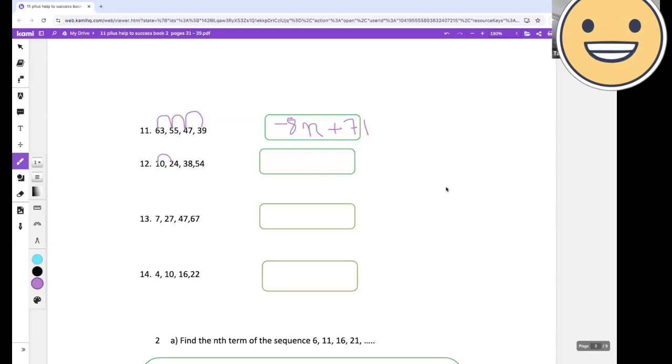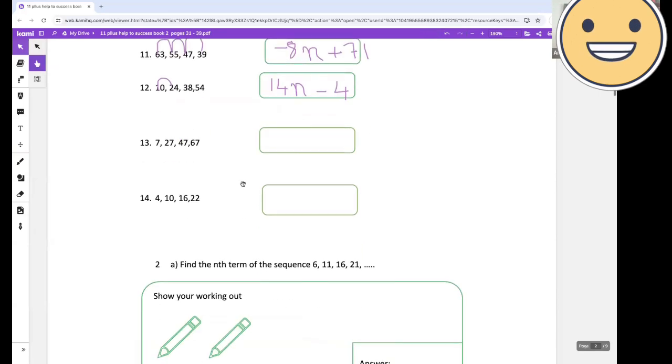Oh, wait, is it 14 plus 14 and minus 24? One thing is right, what you have given. Okay, let's do it with you. Is it 14n plus 4? Plus 4 or something else? Minus 4? Yeah, minus 4. Good. Now we are on 13. 13 is the same way as you guys did.